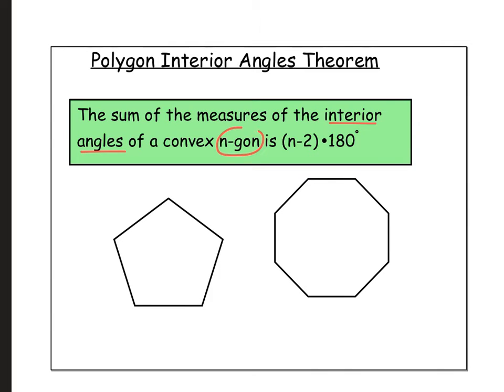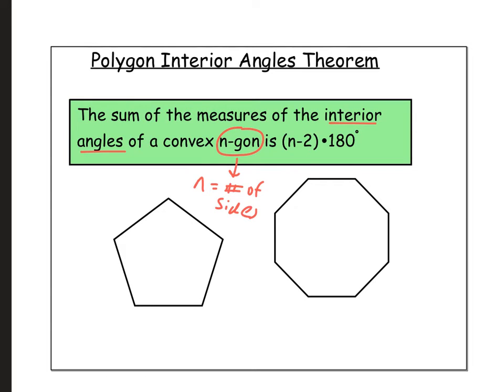That's why this one's just an n-gon. It could be a pentagon, or they could write it as a 5-gon or whatever. N is again the number of sides. So they just use n-gon. An octagon would be considered an 8-gon, that kind of thing.